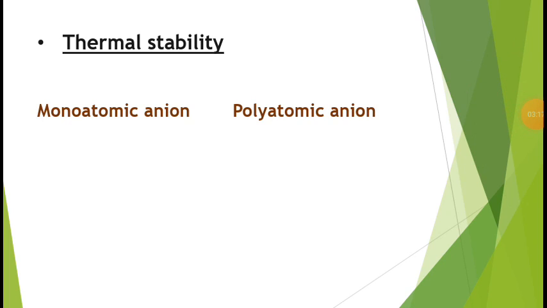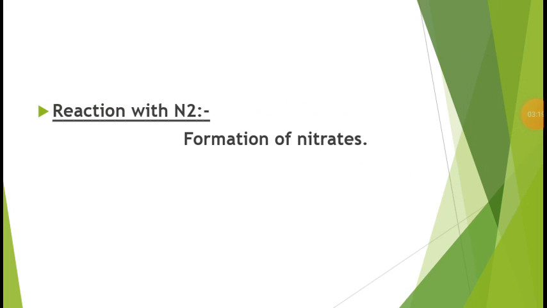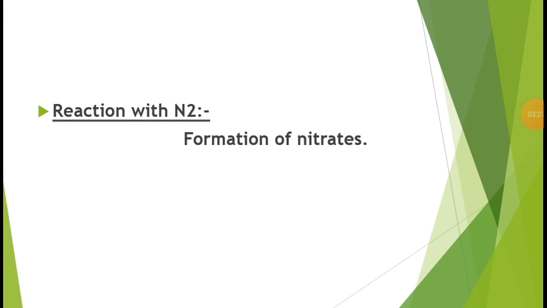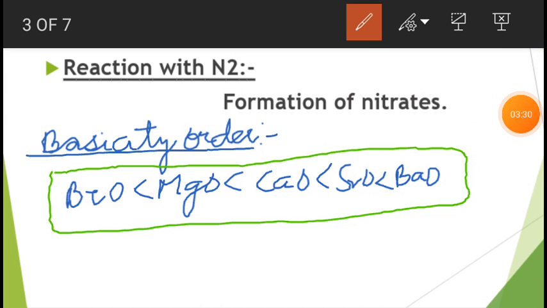One thing you have to remember from previous properties is the basicity order. What is the basicity order in alkaline earth metals? So this is the basicity order for alkaline earth metals. This is very important. You have to remember this for exam.